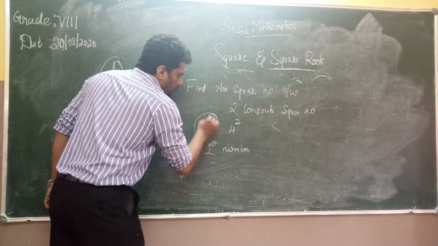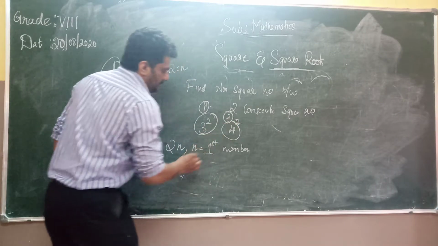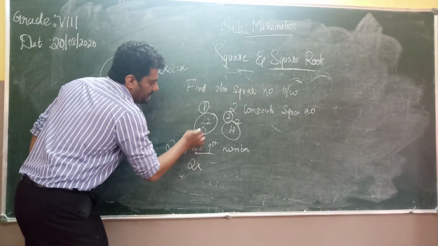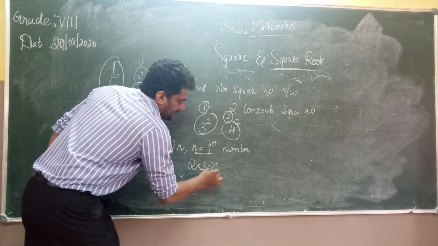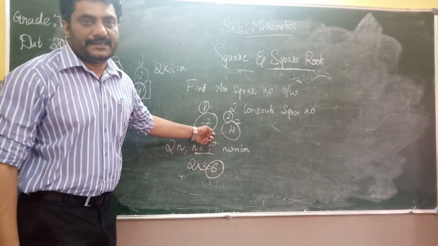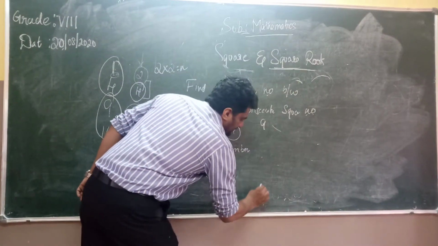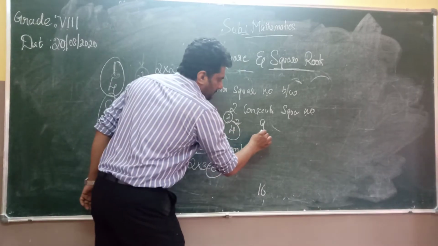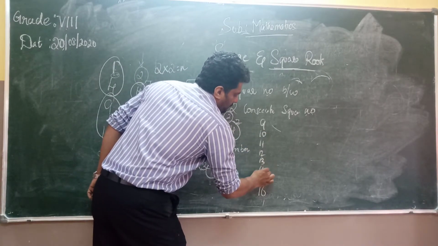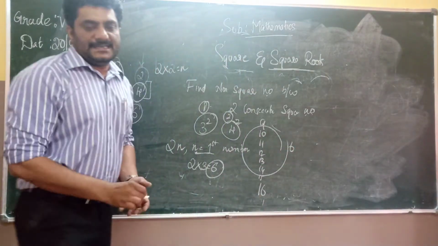In this, the first number is 3 and this is the second number. So I can write 2 multiplied by n, the first number, which is 3. That is 6. I have 6 non-perfect squares. Can we check this? 3 square is 9, right? 16 is 4 square. How many numbers do we have? 10, 11, 12, 13, 14, 15. See, 6 numbers we have.